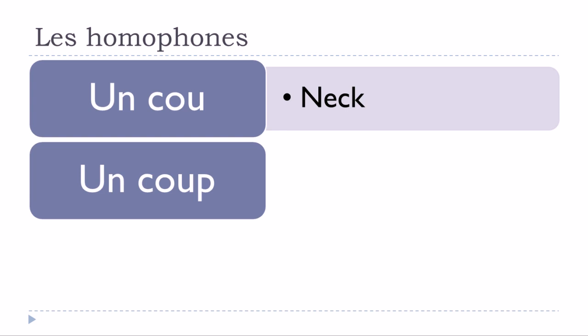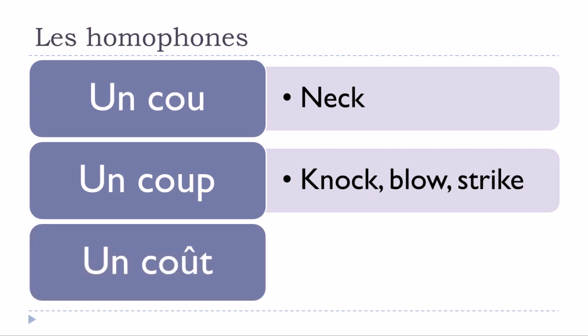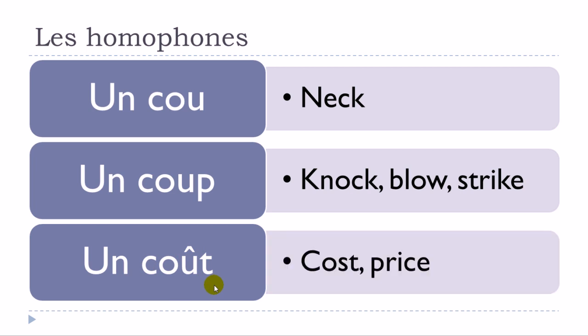And then un coup. Alright, so you can see that you get this final P here, but then you don't pronounce it. And last, un coût. Okay, remember, accent circonflexe, you don't pronounce it. Final T, same thing, you don't pronounce it. Okay, so un coup, and then un coût. The same pronunciation.